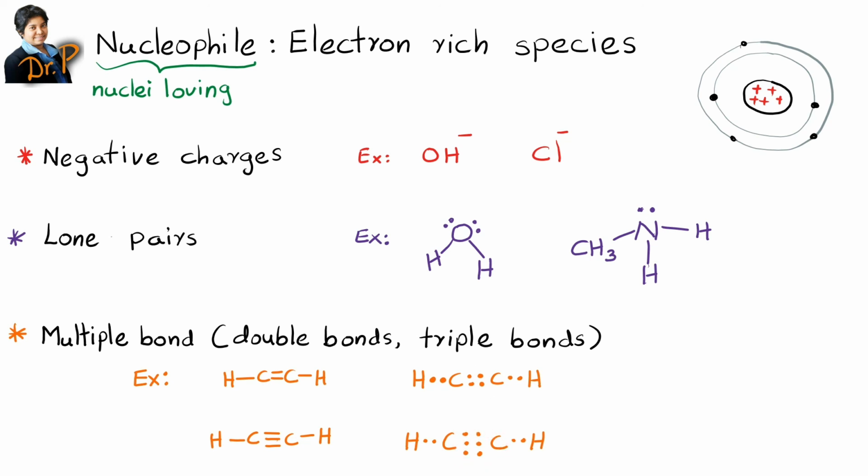That is why we call multiple bonds electron rich. And also think how these multiple bonds are made. In multiple bonds, you find one sigma bond and pi bonds. A double bond has one sigma and one pi bond, but a triple bond has one sigma and two pi bonds.